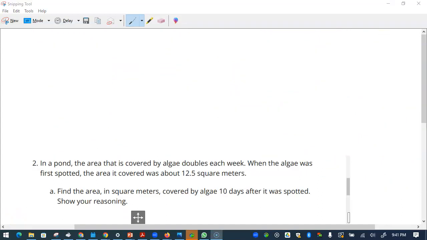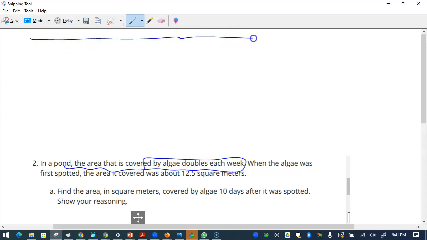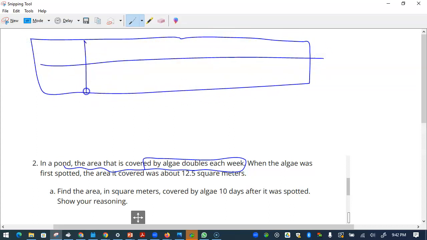The second question is about a pond and the area covered by algae, and it doubles every week, because in a week we have 7 days. So I'll make a table to understand this. In the beginning, the area covered is 12.5.